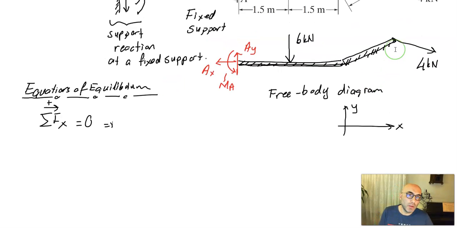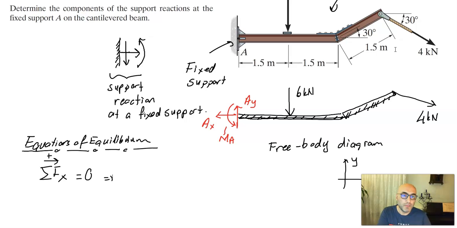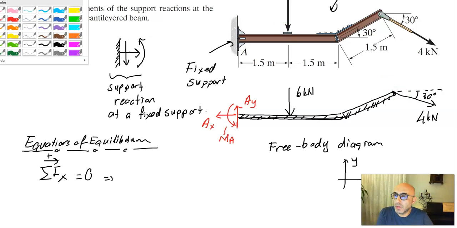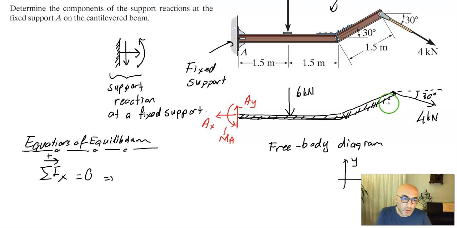So we have two components here for the 4 kilonewton, which makes a 30-degree angle with the horizontal. Let's draw the components with a different color here. We have this component here and this component here in the x and y direction, so that would be cosine 30, and the other would be sine 30.